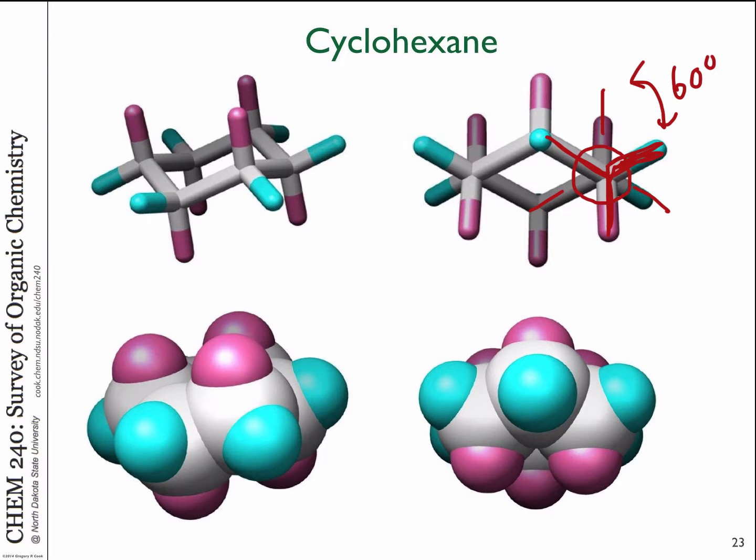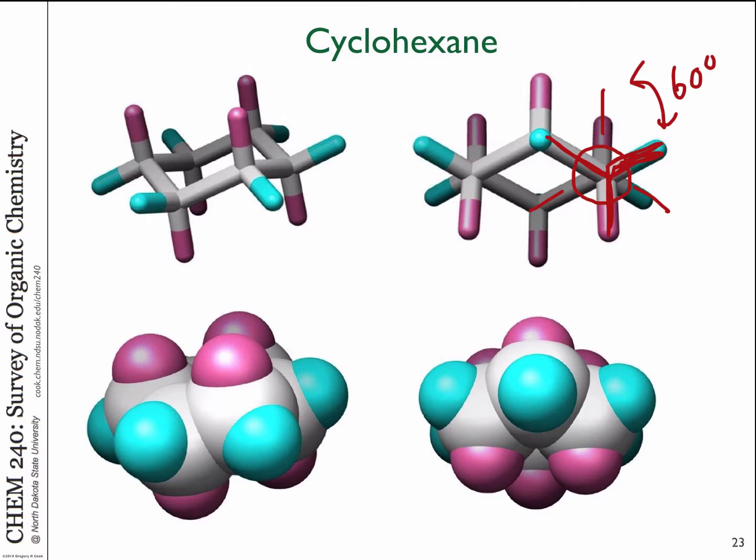So the torsional strain is minimized. The angle strain is minimized. And this is the most stable of these small and medium ring structures. Because it can adopt this conformation, it becomes more stable and lower energy.